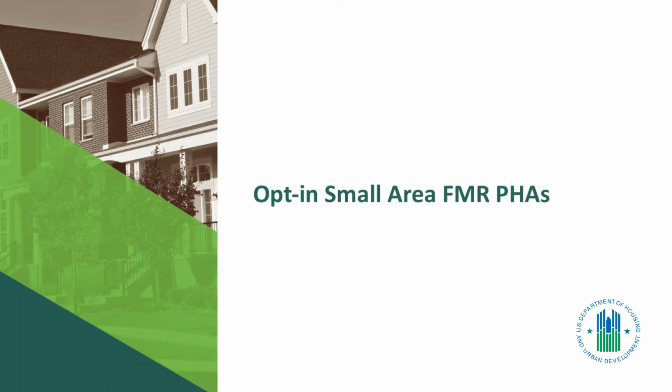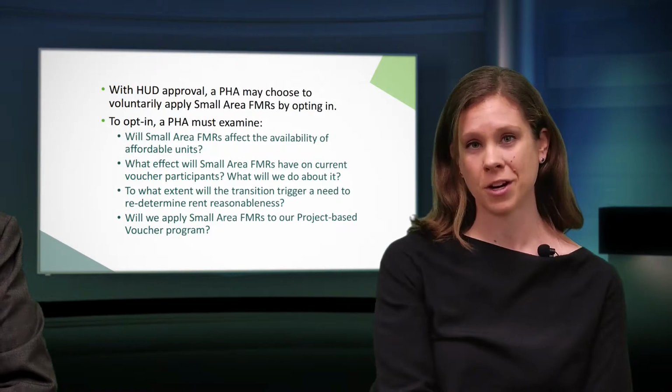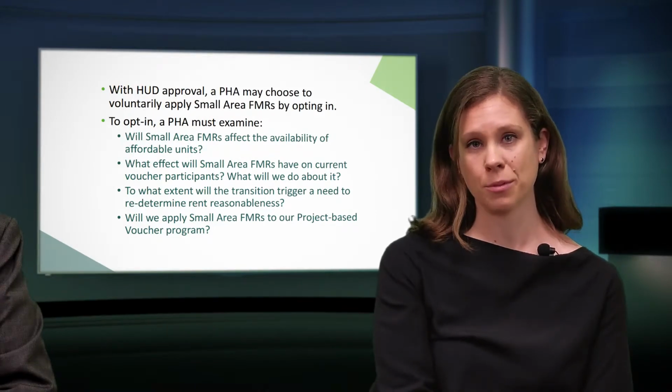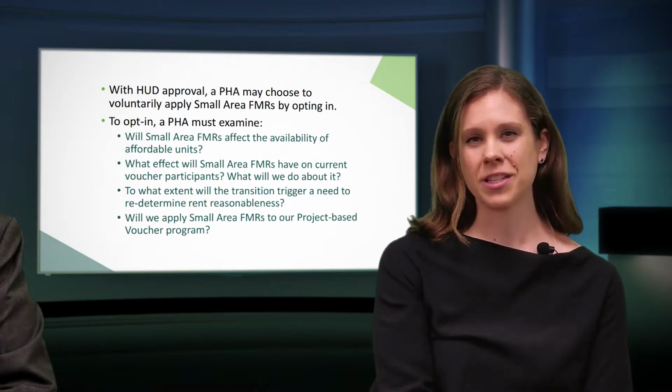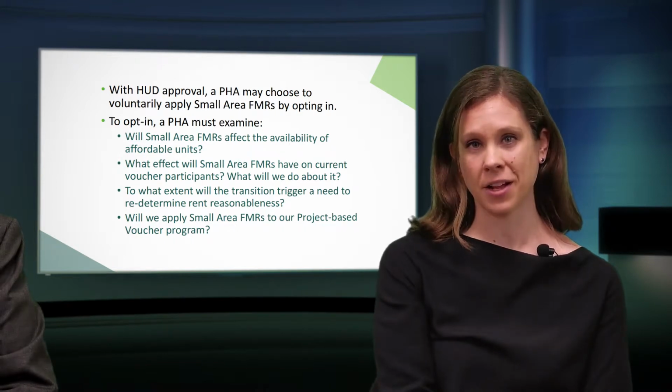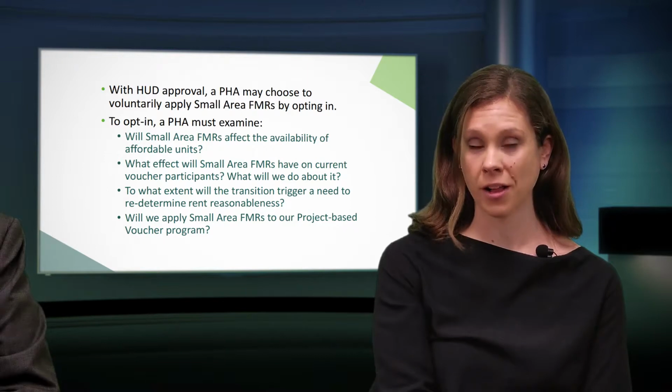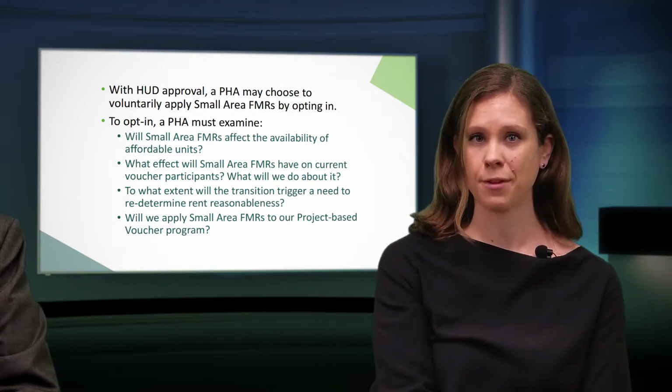PHAs that are not required to adopt small area FMRs may voluntarily choose to do so by opting in with HUD approval. We call these PHAs opt-in small area FMR PHAs. When considering whether to opt in and apply small area FMRs, a PHA must compare the applicable small area FMRs and metro area FMRs.